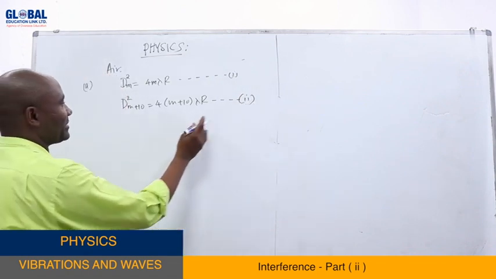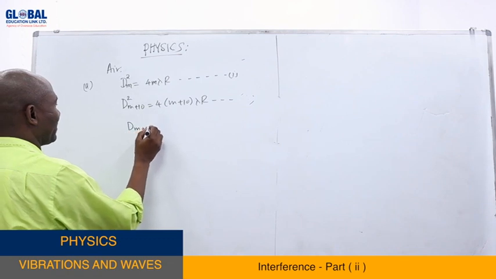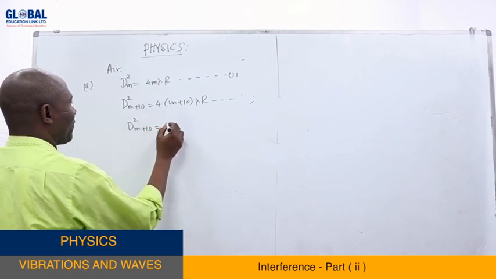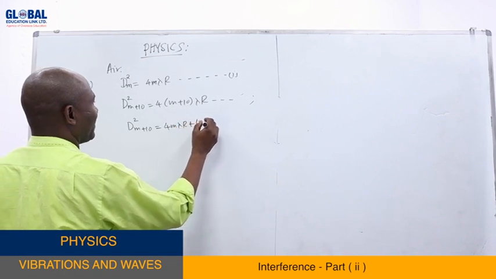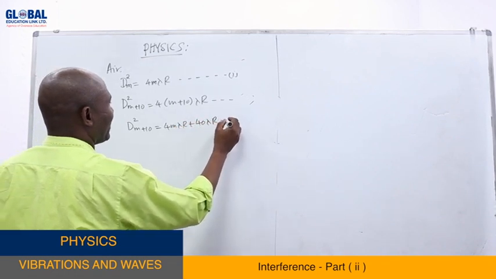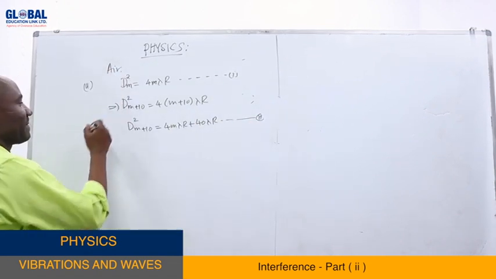If you open the brackets, this is equation number 2, you find that this equals 4mλR plus 40λR.